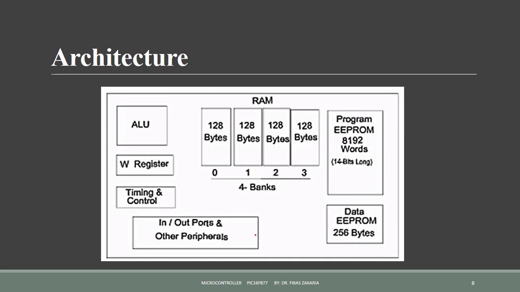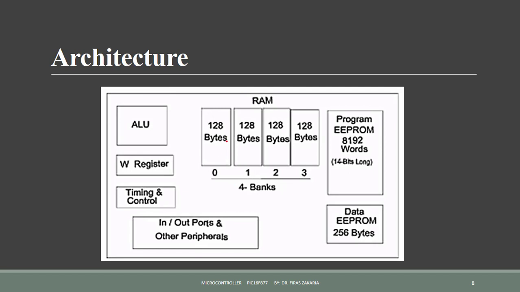Here you can see the basic internal architecture and memory organization of the PIC16F877. This PIC is an integrated chip, consists of a CPU, timers, input-output ports, and 3 types of memories. We will talk about these types of memories in a later lecture.